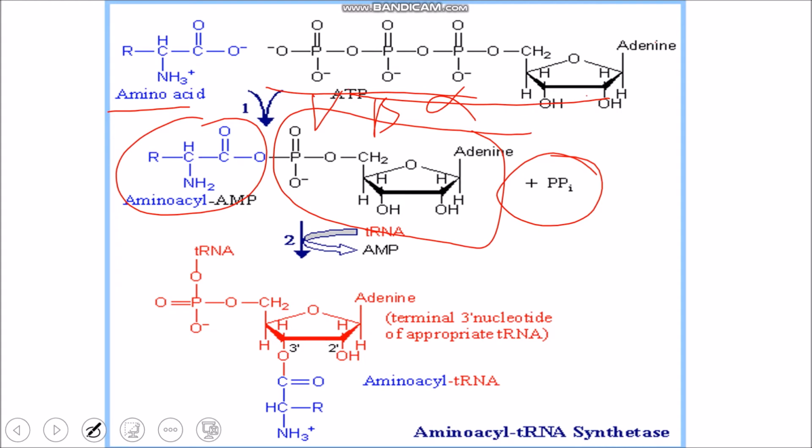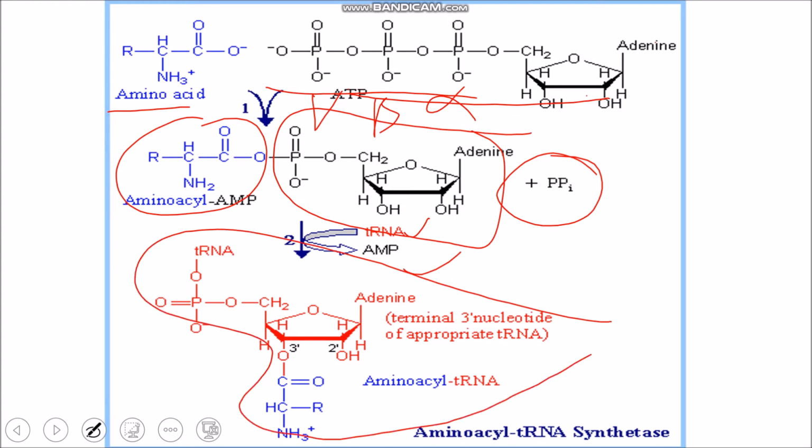In the second reaction, it reacts with tRNA, the AMP comes out, and finally we have aminoacylated tRNA, meaning loaded tRNA or activated amino acid. Both reactions occur at this one enzyme, aminoacyl-tRNA synthetase.